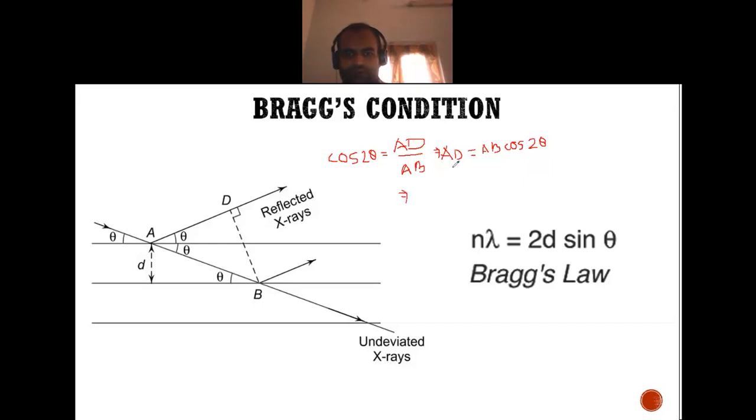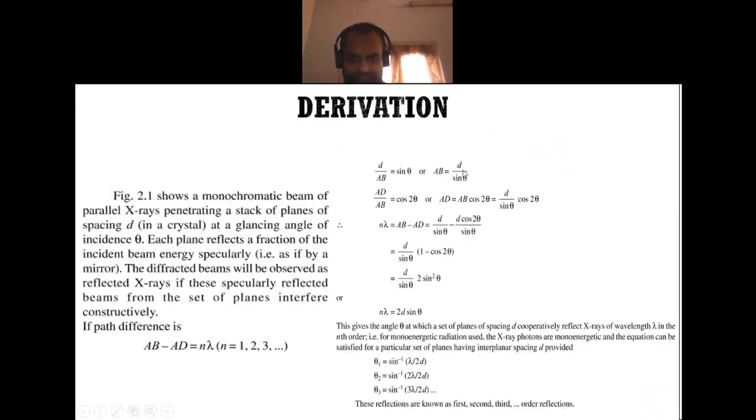I hope you have understood how AD equals AB cos twice theta from this figure. Now I would like to go to the next slide so that we can directly check the calculation. So AD is AB cos twice theta. So what is the value of AB? AB value we have already.